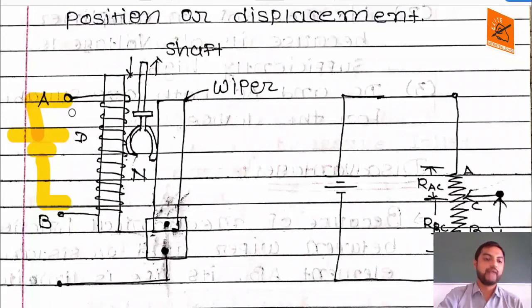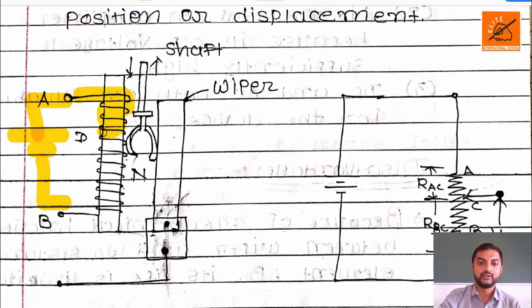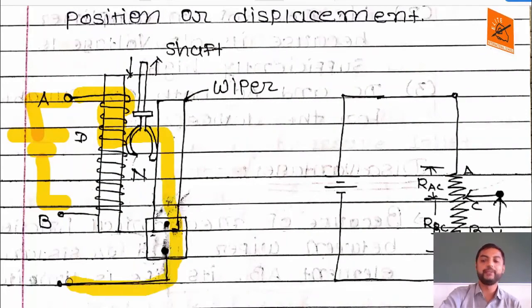Now current will pass from here. This terminal or this turn is connected here. So current will come like this, pass like this, and from here it will go like this, and the circuit will be completed.